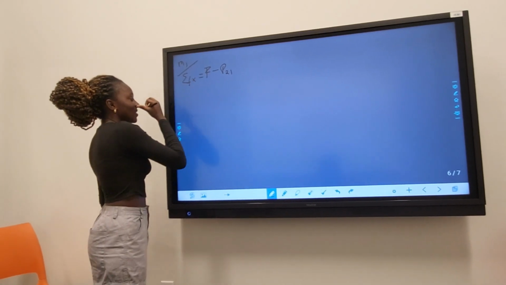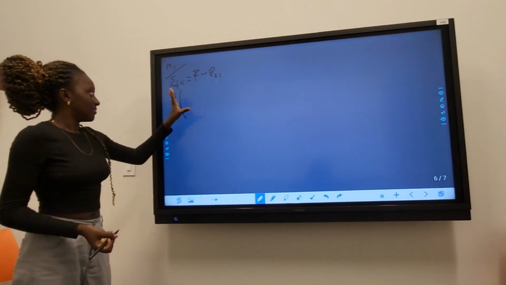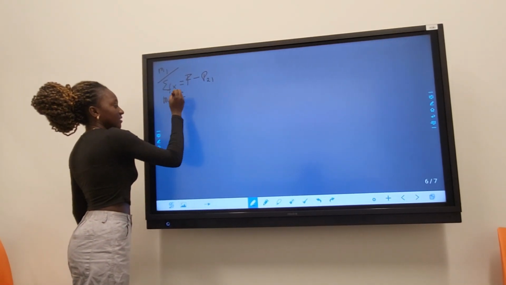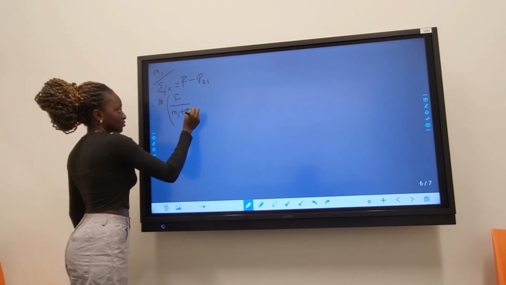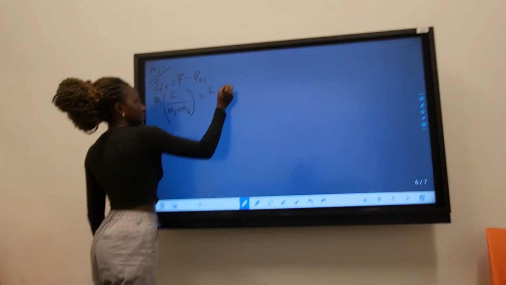So here we have ma, but we already know what a is equal to. So a is F over m1 plus m2, which equals F minus P21.